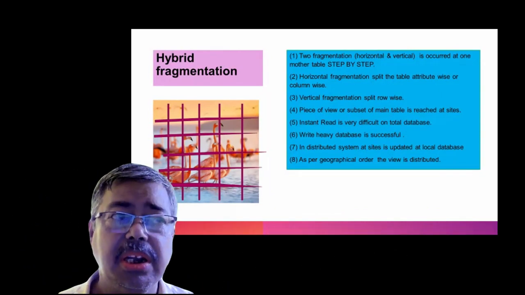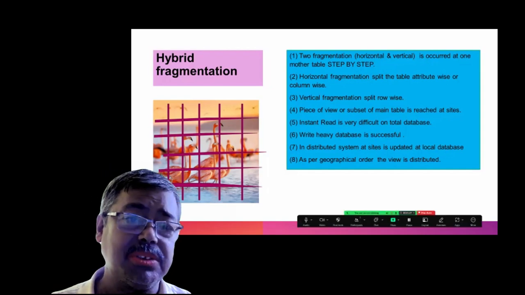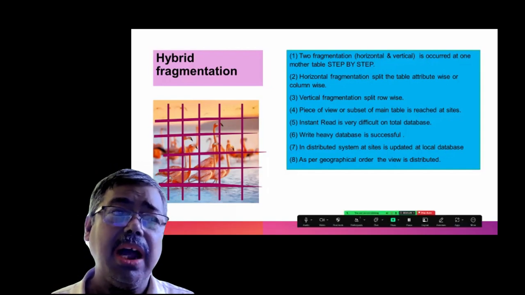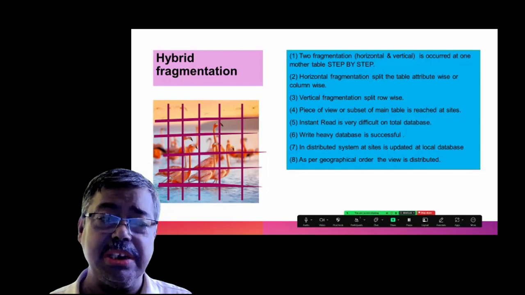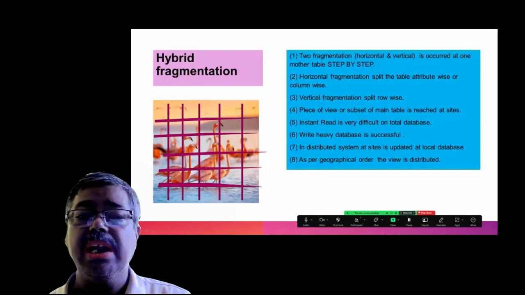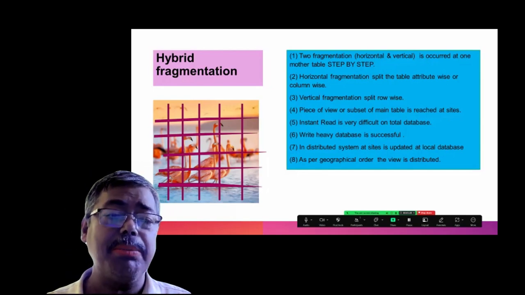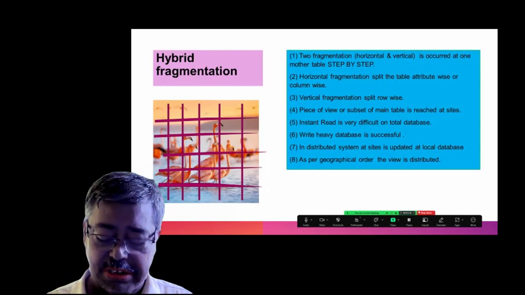Instant read is very difficult on the total database, similar to horizontal fragmentation. In a distributed system, the site is updated at the local database. As per geographical order, the view is distributed.